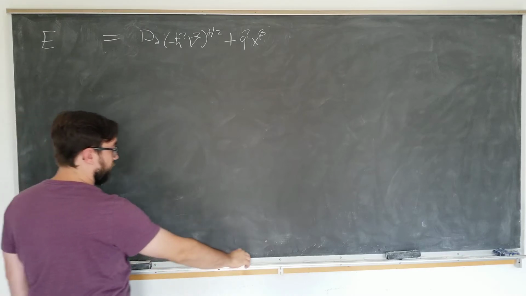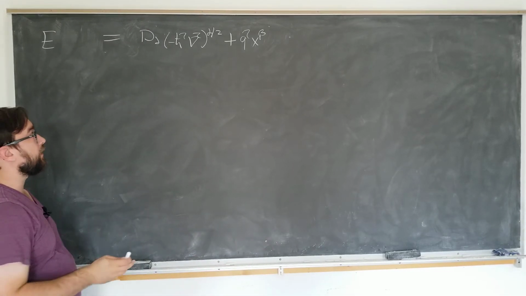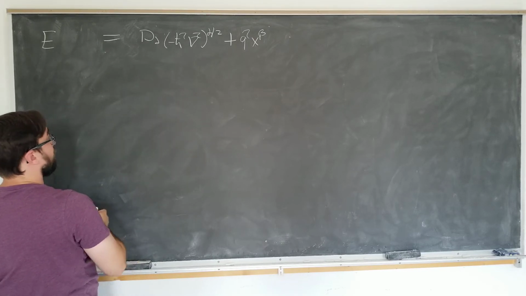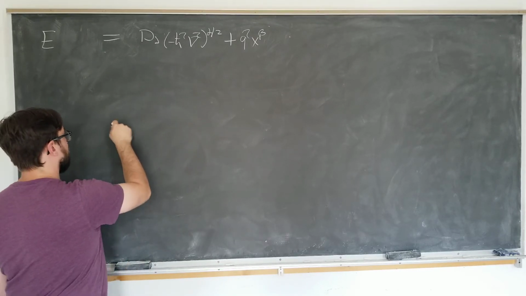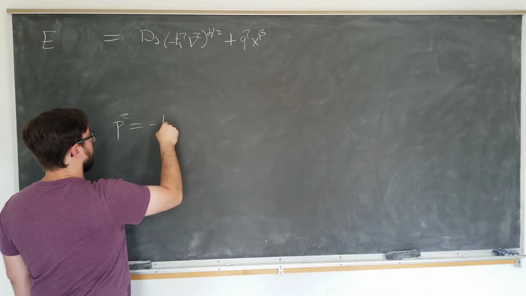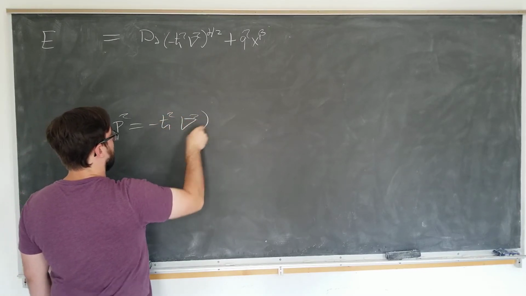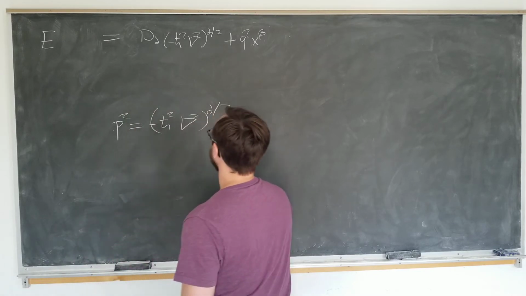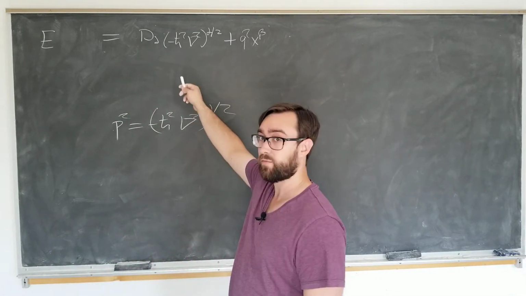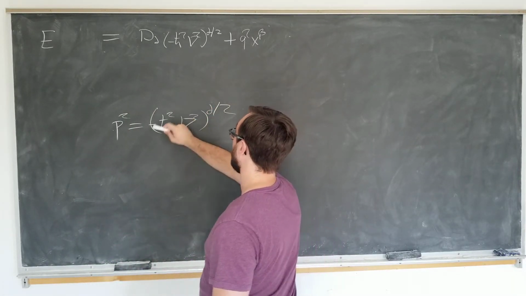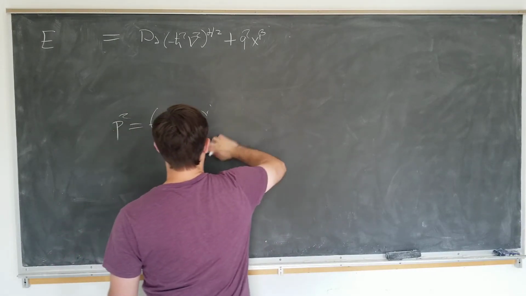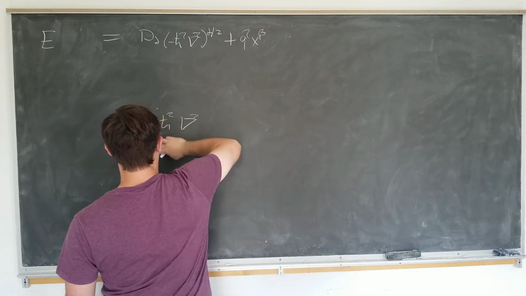Second thing we're going to do, we're going to recognize that this operator comes from the momentum. We talked about how p squared is the same thing as this operator. So instead of putting it in differential form, we're just going to put it back into the p form.